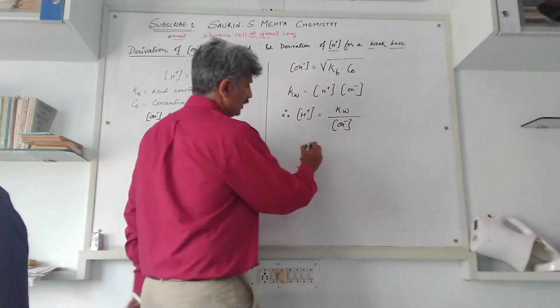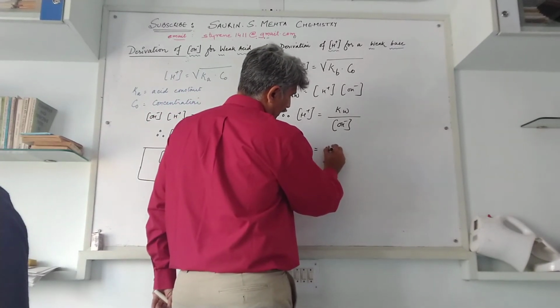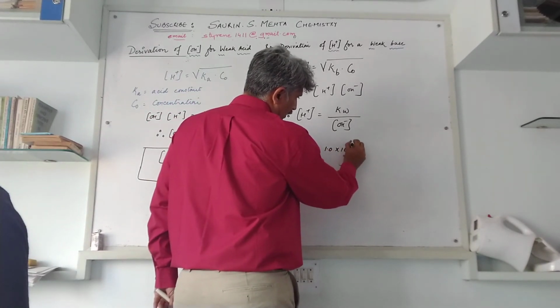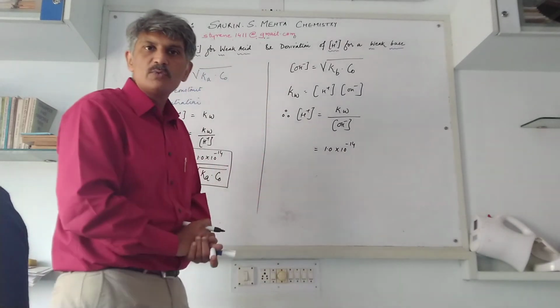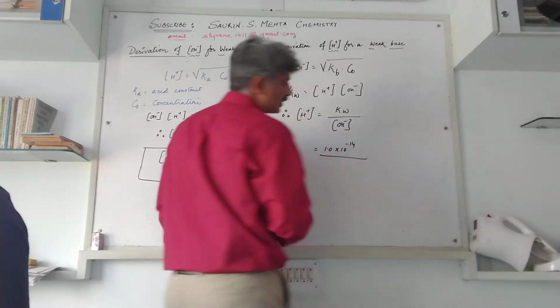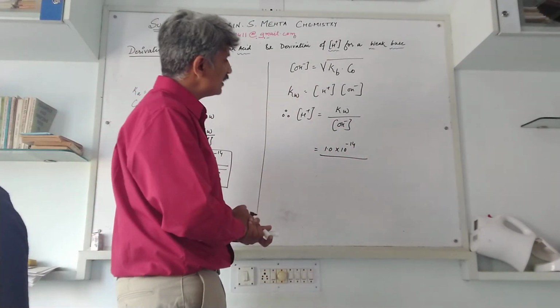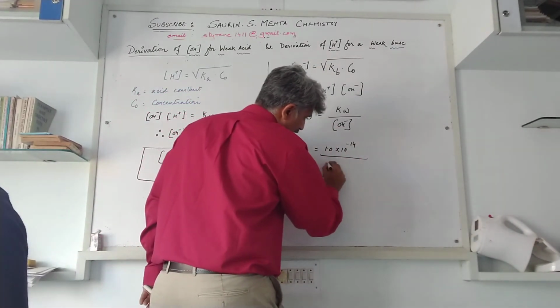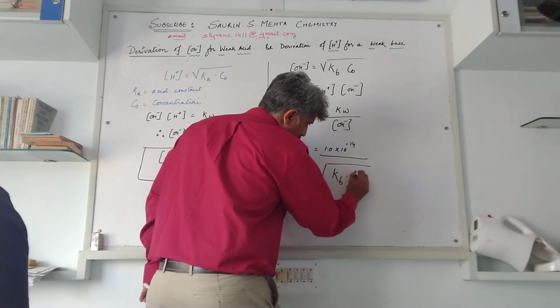What is Kw? Kw is the ionic product of water, and experimental results have concluded that its value is always 1 into 10 raised to minus 14, upon the concentration of OH- ion. What is the concentration of OH- ion? That is already derived. That is nothing but the square root of Kb into C0.